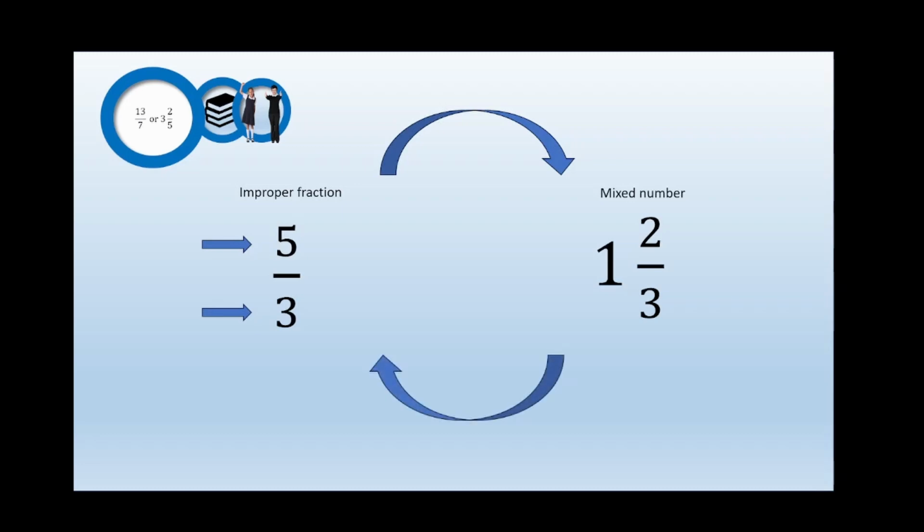And importantly, I can turn my mixed number back into an improper fraction. So we're going to go through that today, and I'm going to show you that this is really easy to do. So let's just look firstly at the method for an improper fraction. What do I have to do? So I thought I'd just put a picture representation up first.